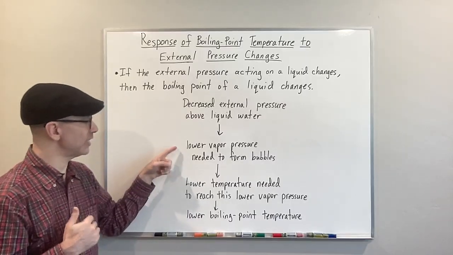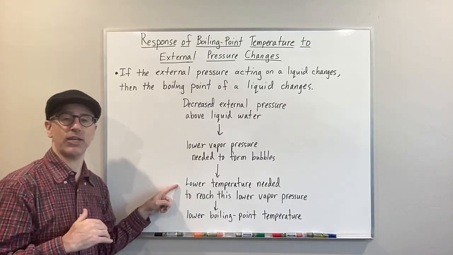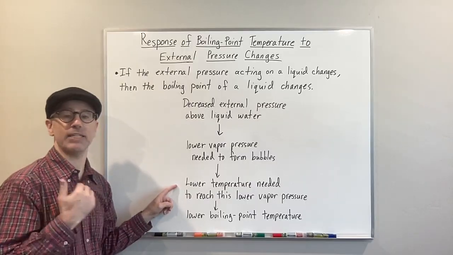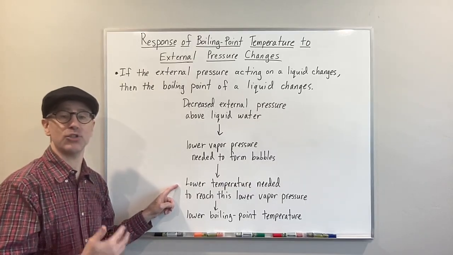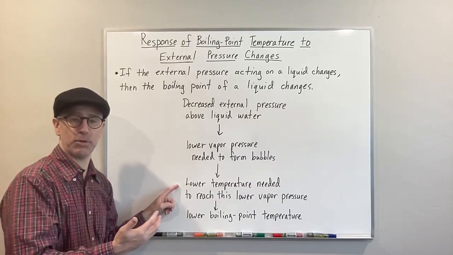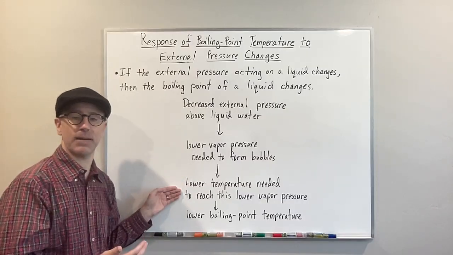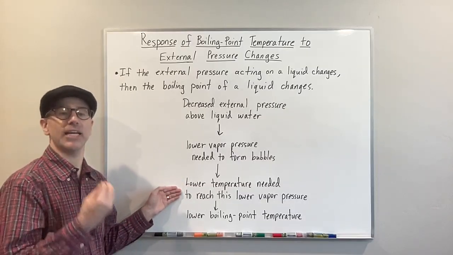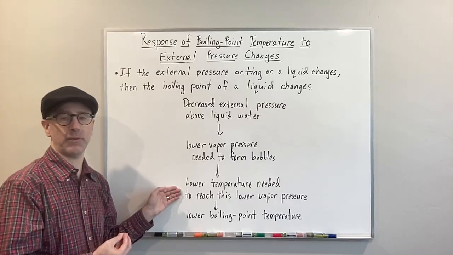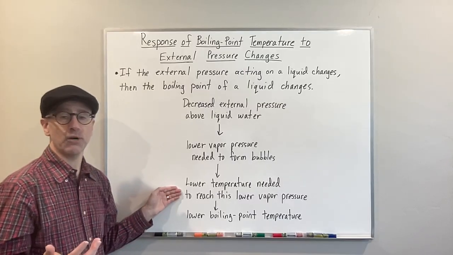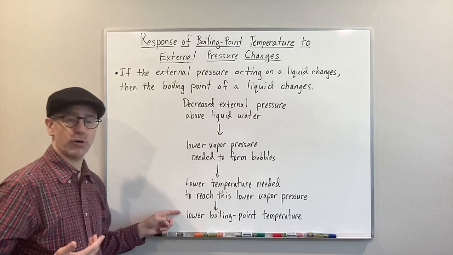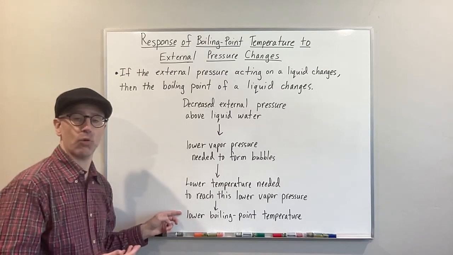If you don't need as high of a vapor pressure, then you don't need as high of a temperature to get to that vapor pressure. So if you lower the vapor pressure needed, then the temperature you need to reach that lower vapor pressure is also going to be lower. That brings us to a lower boiling point.